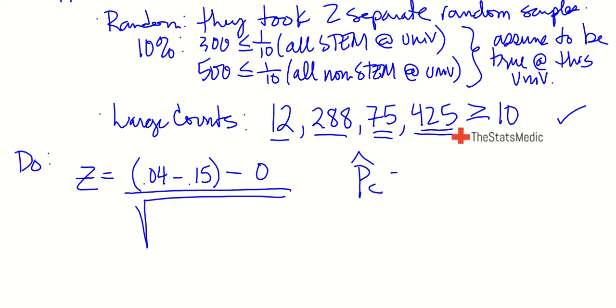The idea is this: if there is no difference in the proportion of Black and Hispanic females in STEM programs compared to the proportion of Black and Hispanic females in non-STEM programs, then it's as though we are taking two samples from the same population.